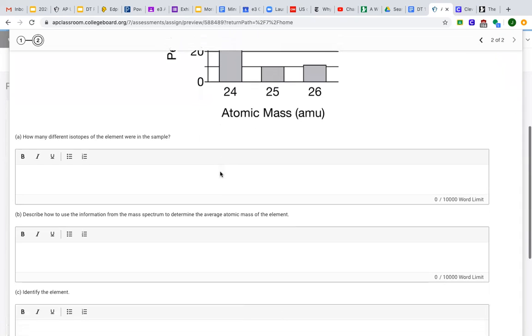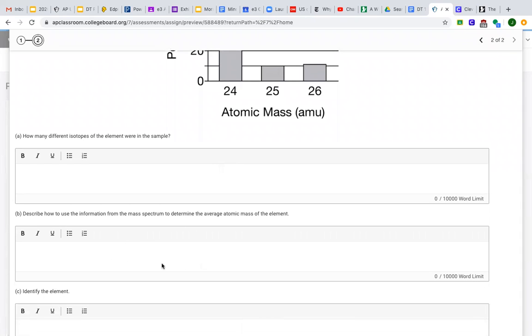That's what I would do mathematically. And then I would write a little English sentence and I would say, the calculation shown provides a weighted average from the information in the graph. And I would be done with it. That's all I would say.